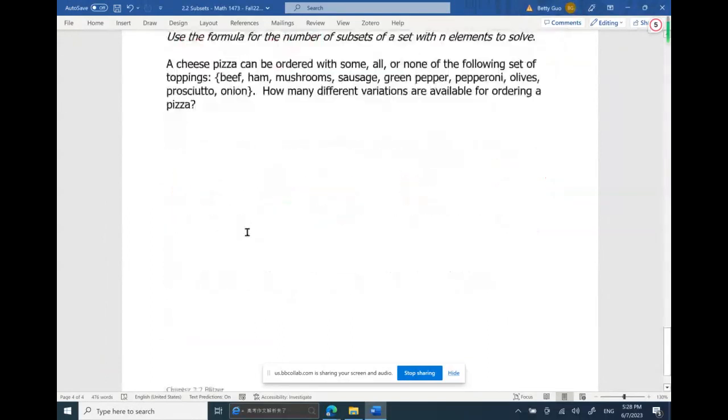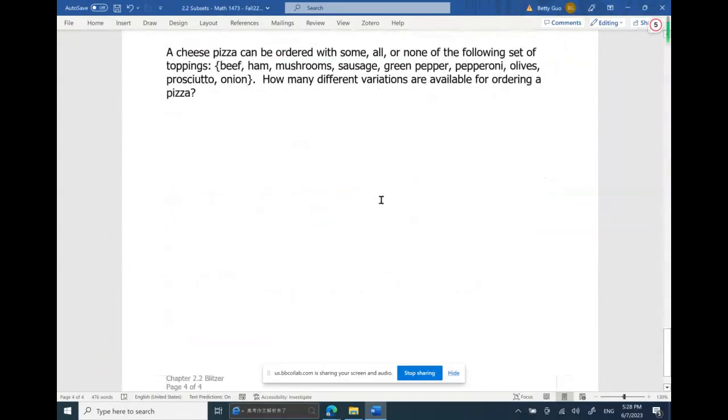Last example. A cheese pizza can be ordered with some, all, or none of the following set of toppings. Let's see what topping options we have. Beef, ham, mushrooms, sausage, green pepper, pepperoni, olives, prosciutto, onion.